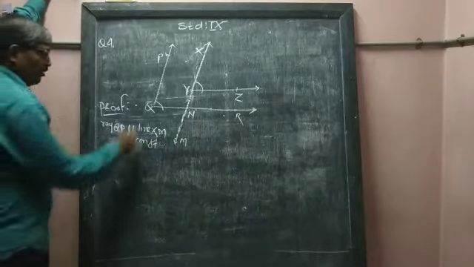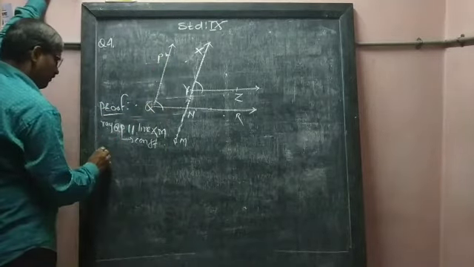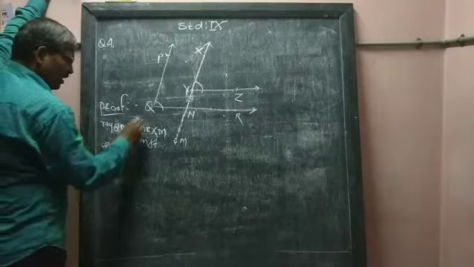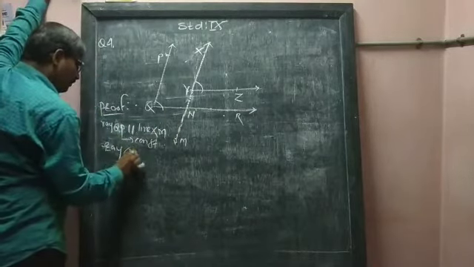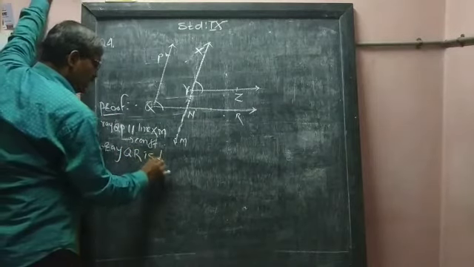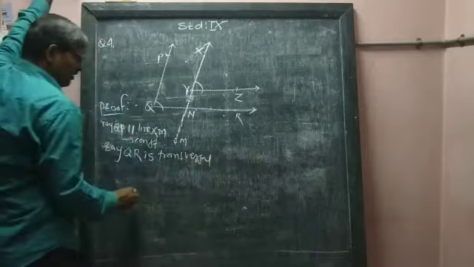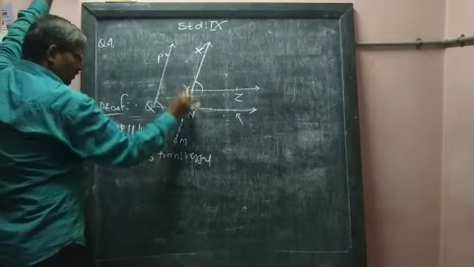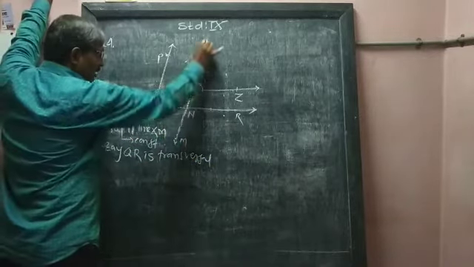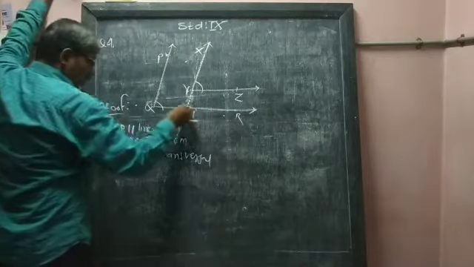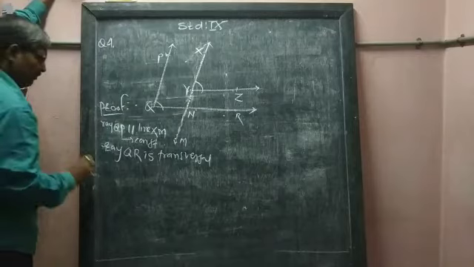Therefore, here angle PQN, ray QR is the transversal. Please check QP and XM are parallel, QR is the transversal.